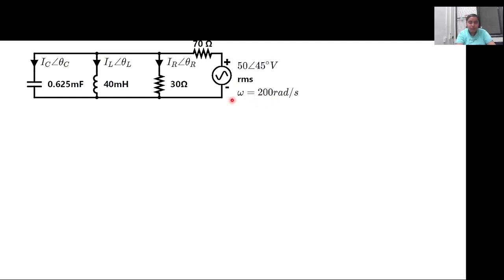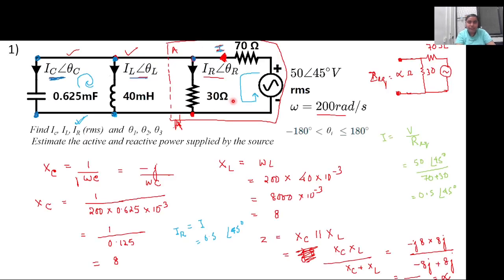So we started by calculating the total current that is flowing from the source, because once we know that, we'll be able to calculate the rest of the parameters. But when we started solving, we observed that the capacitive reactance and the inductive reactance are both the same. They are 8 and 8.